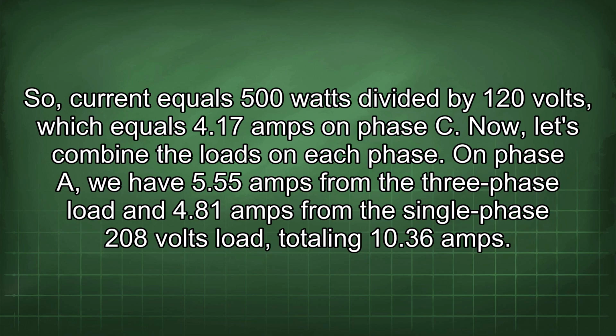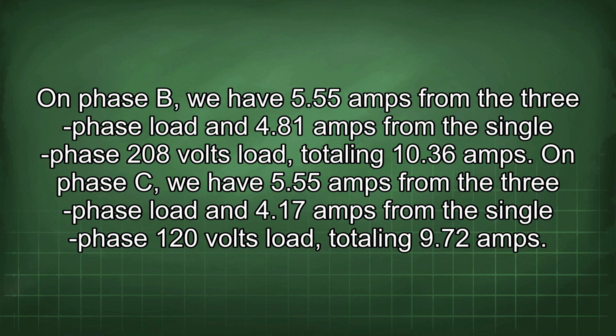Now, let's combine the loads on each phase. On phase A, we have 5.55 amps from the three-phase load and 4.81 amps from the single-phase 208 volts load, totaling 10.36 amps. On phase B, we have 5.55 amps from the three-phase load and 4.81 amps from the single-phase 208 volts load, totaling 10.36 amps.